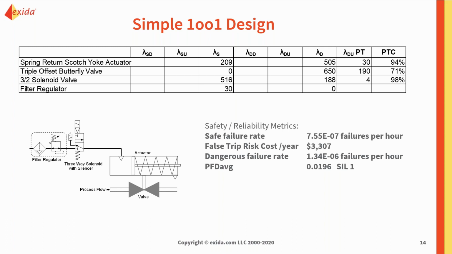So if you're not familiar with functional safety, you might be thinking, okay, that number is very small. It's really hard to realize or visualize what that means. So another way of looking at that is to take your cost for your false trip and enter that into the calculation, giving you your false trip risk cost per year.